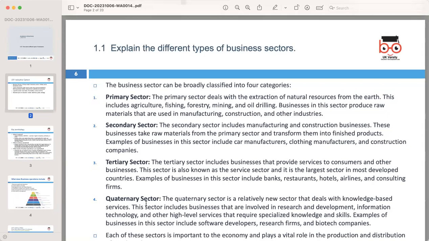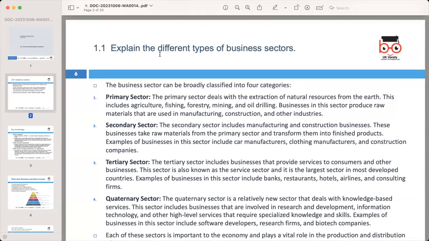To comprehend how these different roles contribute to economic development and international trade, these jobs can be neatly classified into one of four distinct business sectors, including the primary, secondary, tertiary, and quaternary sectors. Any comments, if anyone is there?